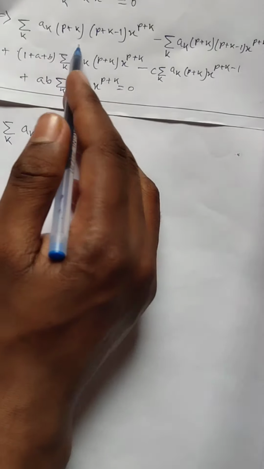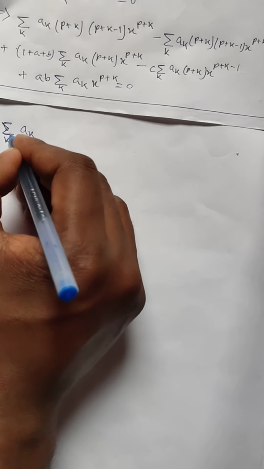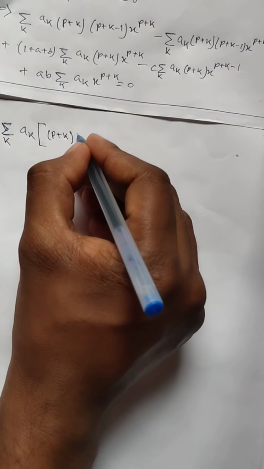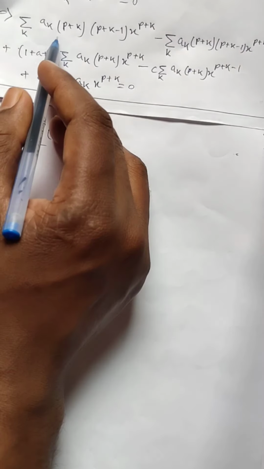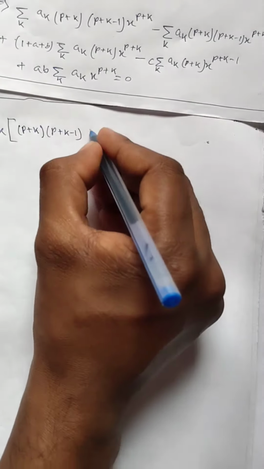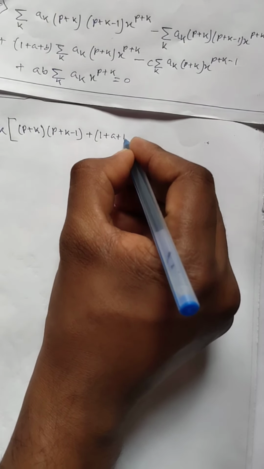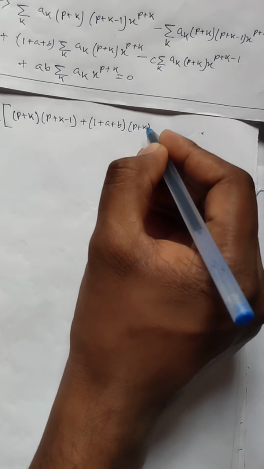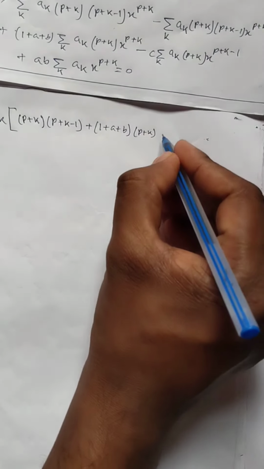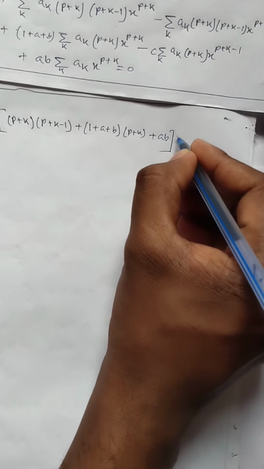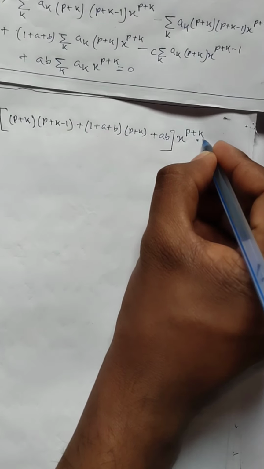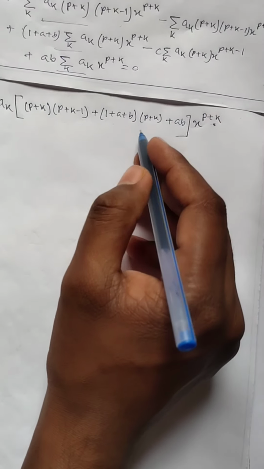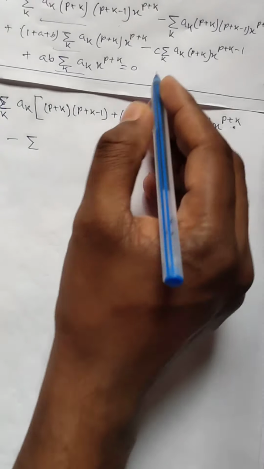Every term has a_k, so we can take a_k common: (p plus k)(p plus k minus 1) from this term, and from the second term plus b, and this p plus k, and also this term plus ab, with x to the power p plus k. Then this term and this term.